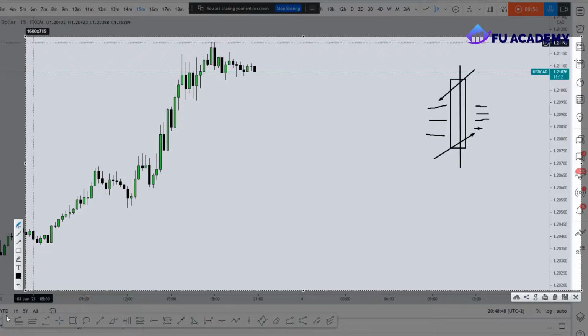But what happens if this is a bullish footprint, a bullish order flow candle, with this wick, and you see the red numbers, the sell imbalances, appearing here?